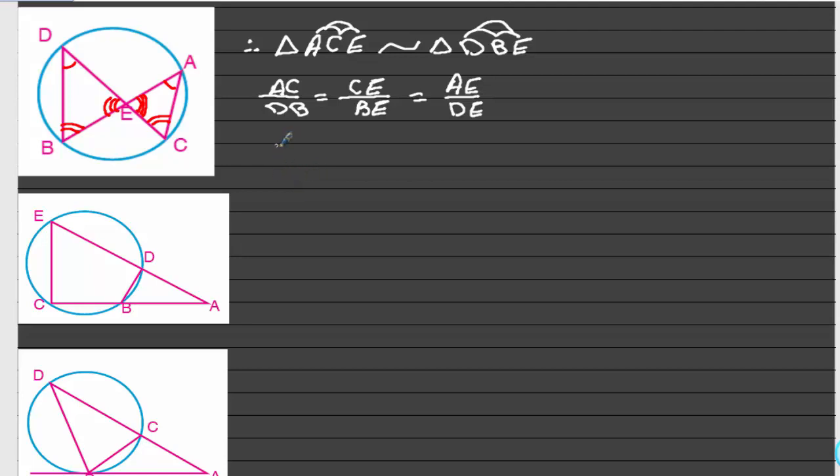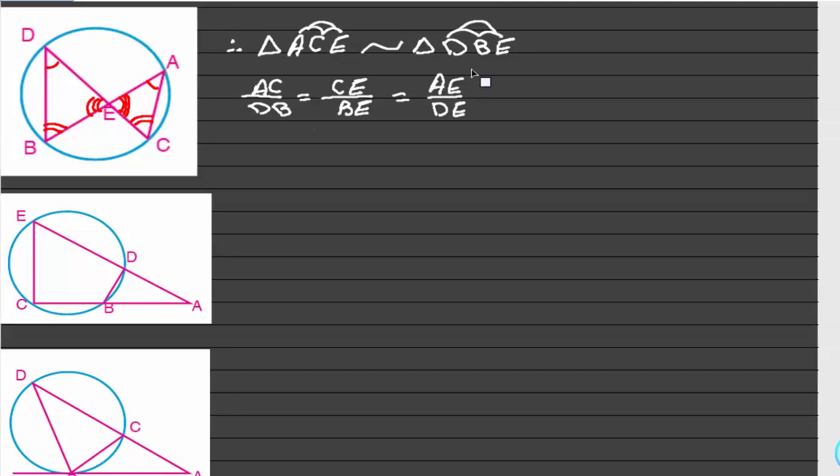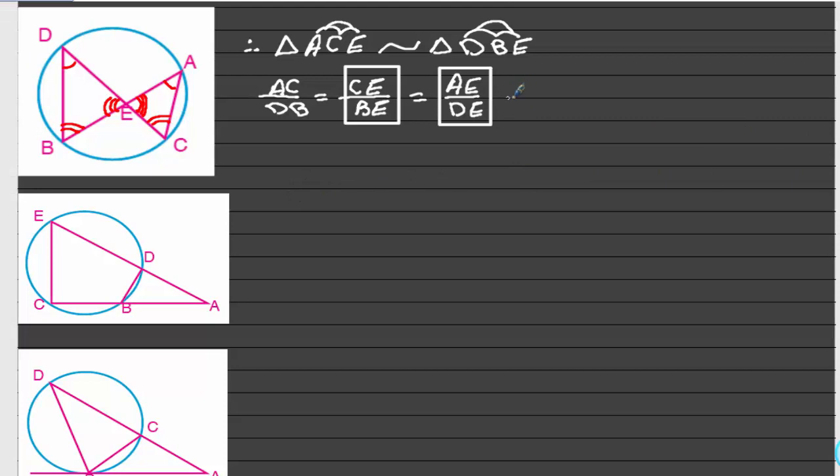So we can deduce that we will take two ratios, AE over DE, and the other is CE over BE, and we can make a cross multiplication.